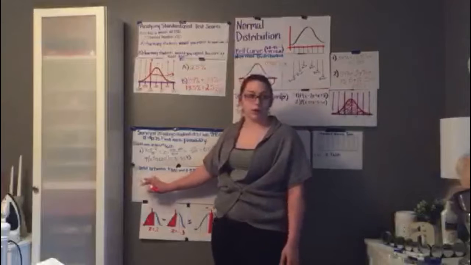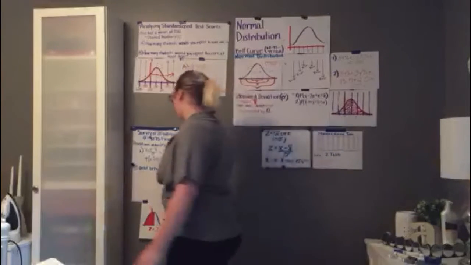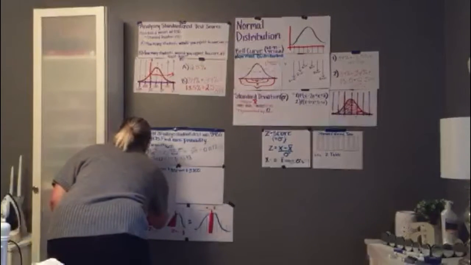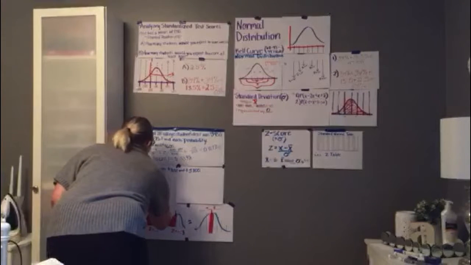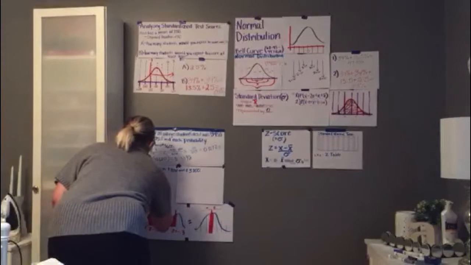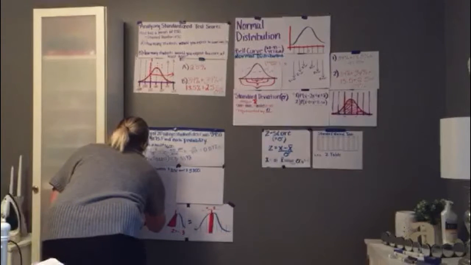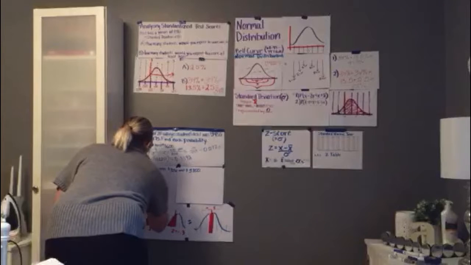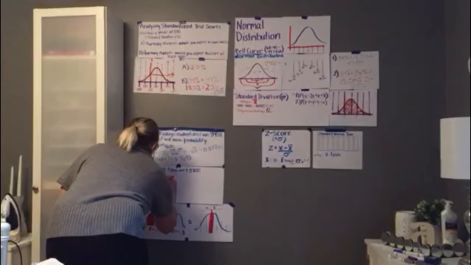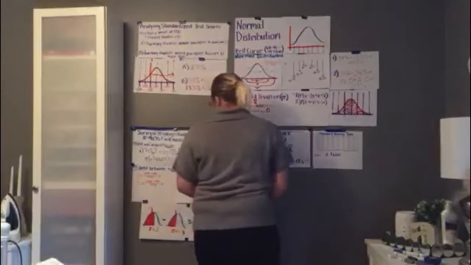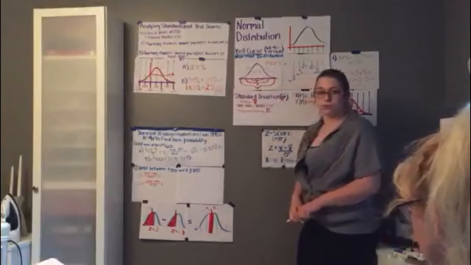So I'm going to write the equations up here for you and then you can solve on your own. And then whenever you get that answer for both of them, just raise your hand.